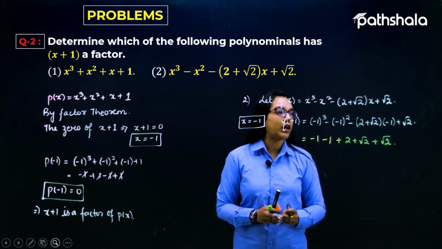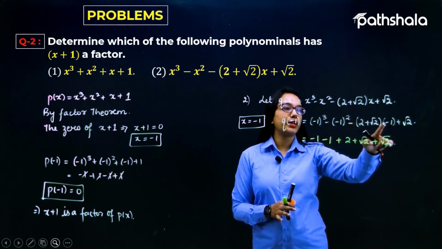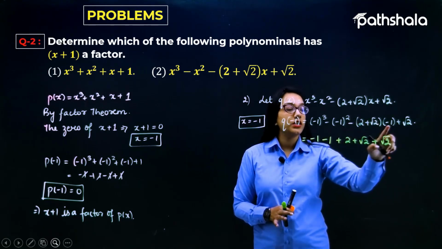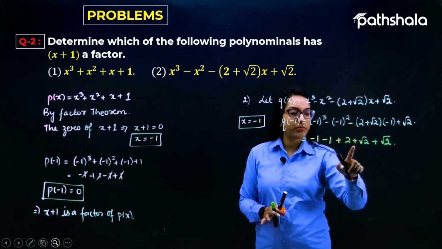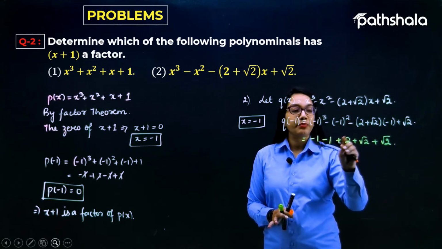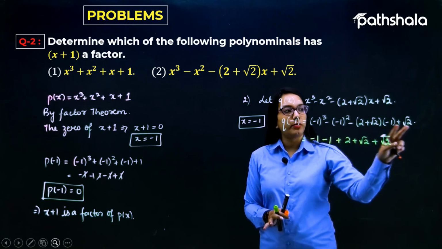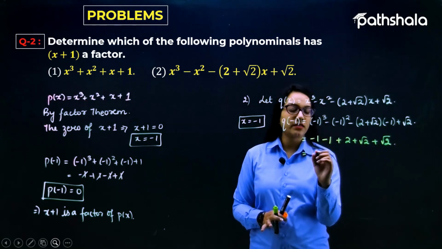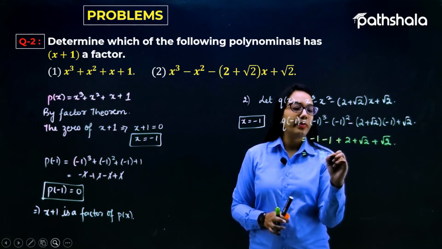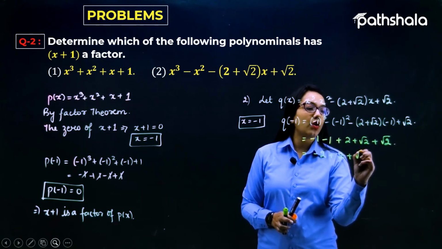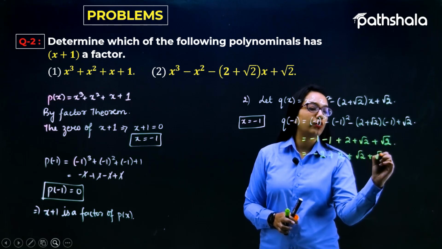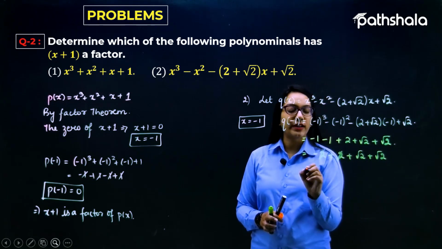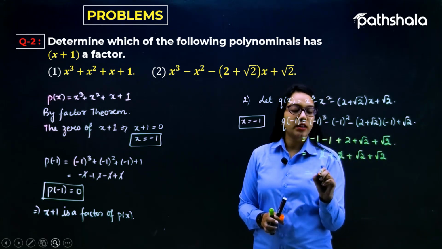So minus 1 minus 1 is minus 2, plus 2 plus root 2 plus root 2. So minus 2 and plus 2 get cancelled. Root 2 plus root 2 is 2 root 2.